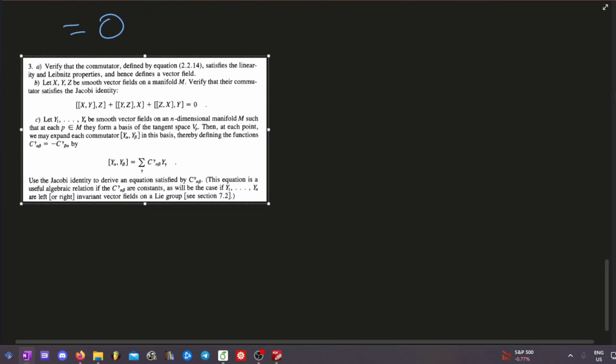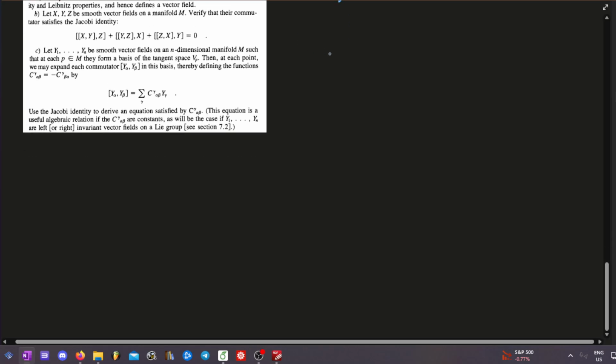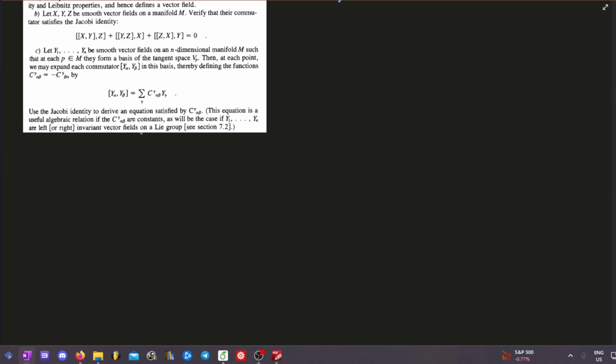Okay. So we can start with the Jacobi identity, but in terms of y's instead of x's and y's and z's, just to stick with the notation of the problem. Although what I'm going to do instead of using alphas and betas as the subscripts, I'm going to use x, y's, and z's just to keep myself organized here.